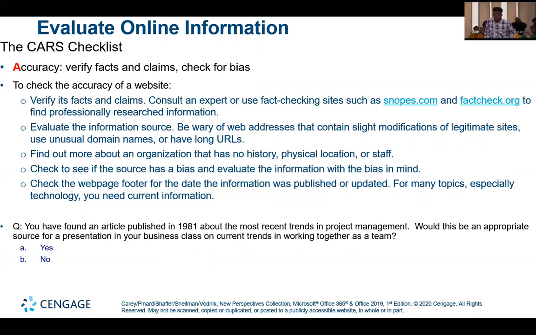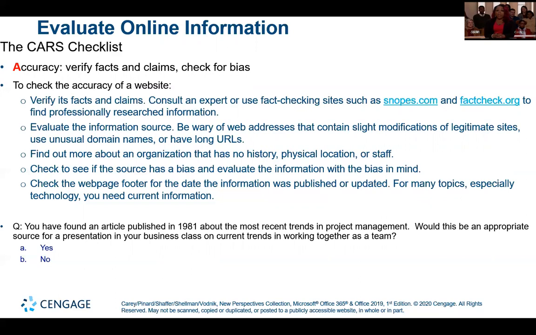Evaluate the information source. Be wary of web addresses that contain slight modifications of legitimate sites, use unusual domain names or have a long URL. If it goes on forever, probably that site is not a real site.